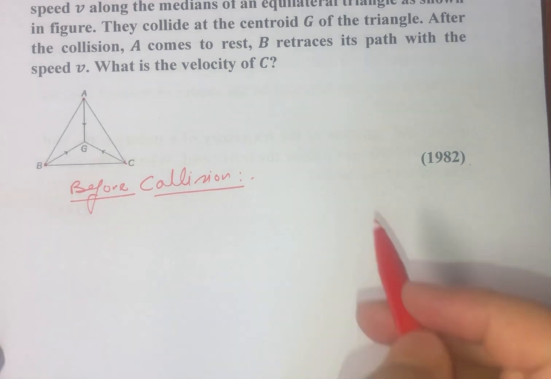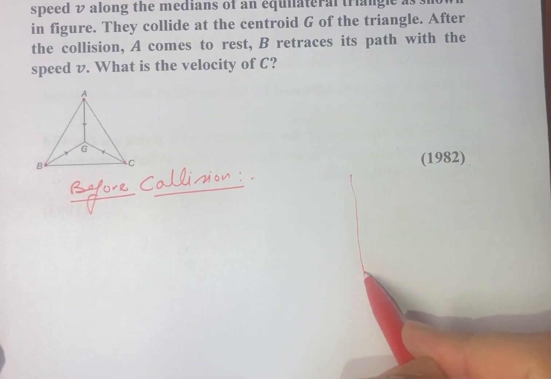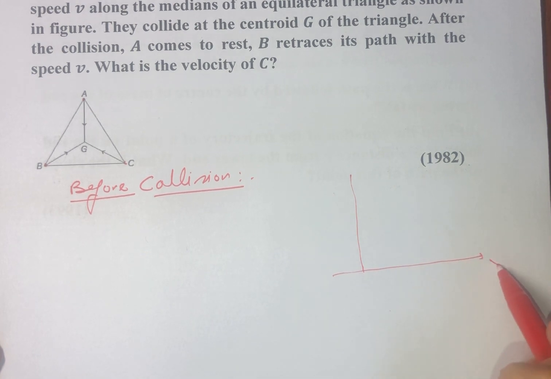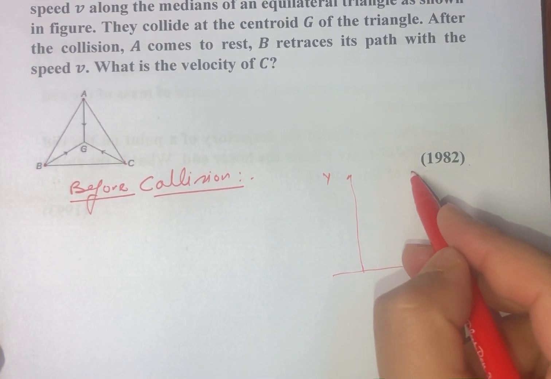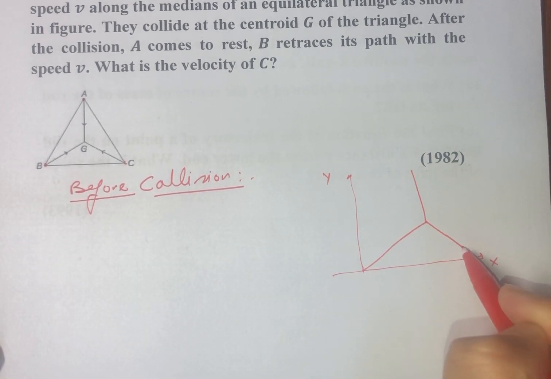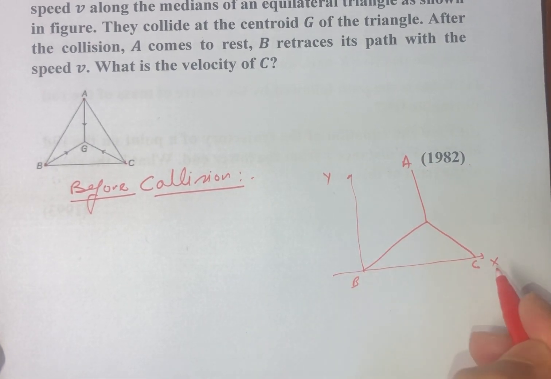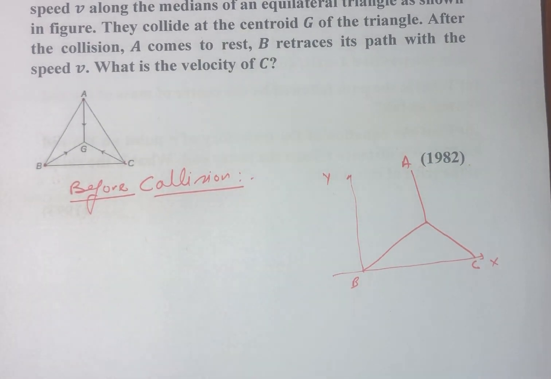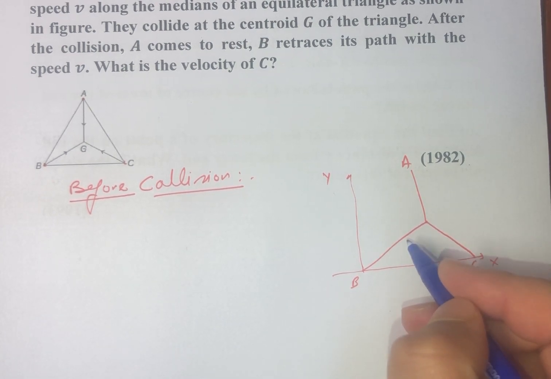So before collision, this is our x-axis and this is our y-axis, and we have these three particles moving along. This is our particle A, B and C, and each will have a momentum of mv.